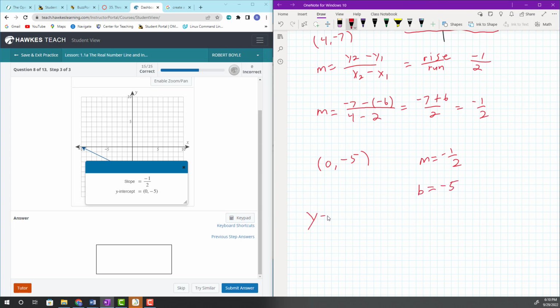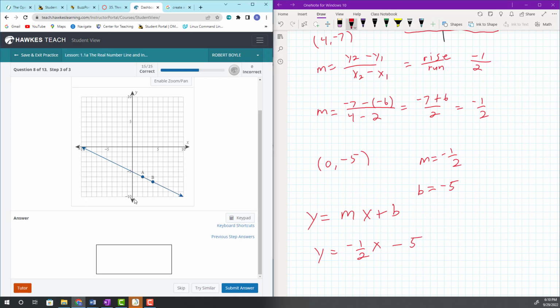So given that y is equal to mx plus b, and m is -1/2 and b is -5, I can write this as y is equal to -1/2 x minus 5. Y is equal to fraction, -1, down cursor, 2, get out of that, x minus 5.